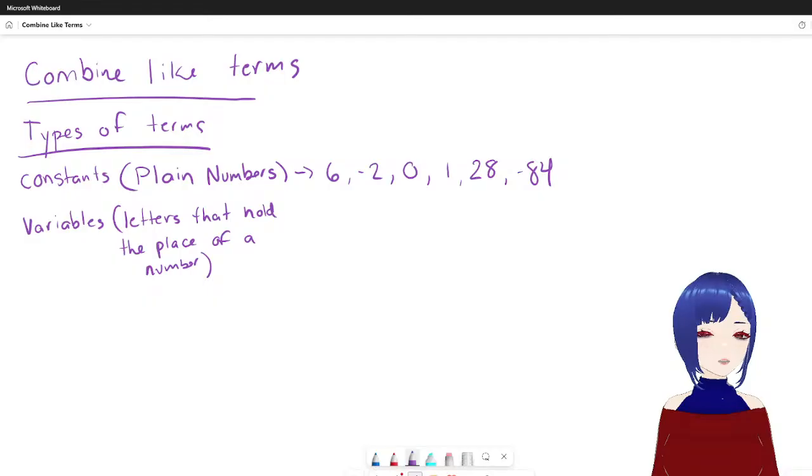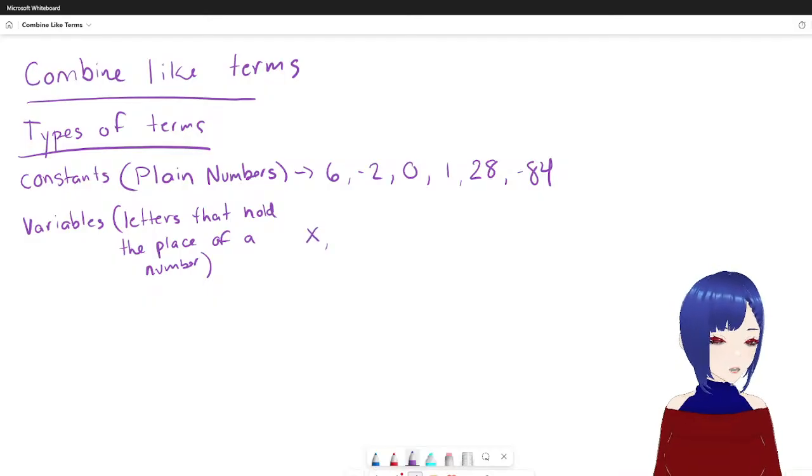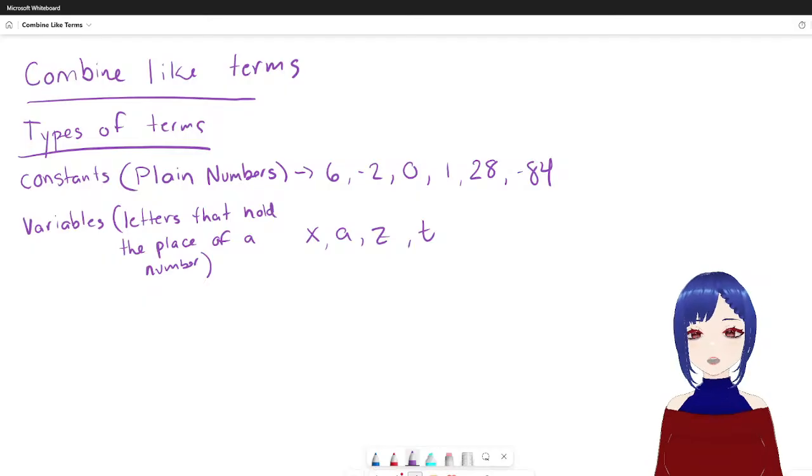Okay. So we've got X, A, Z, T. I don't like using T as much, unless you write the T like I just drew it, kind of like a backwards J, because you can get it mixed up with the plus sign.